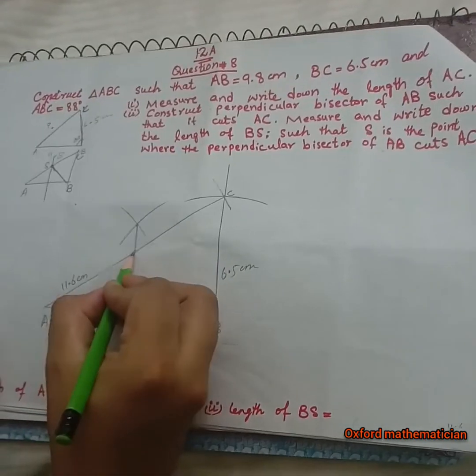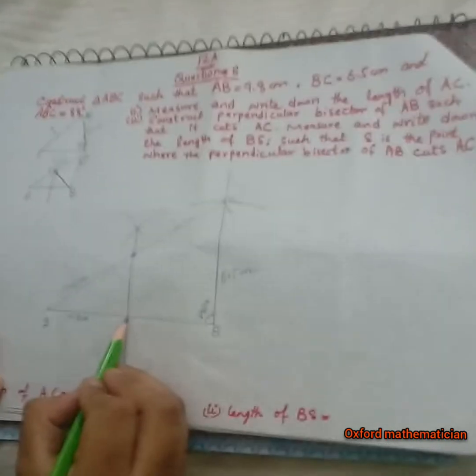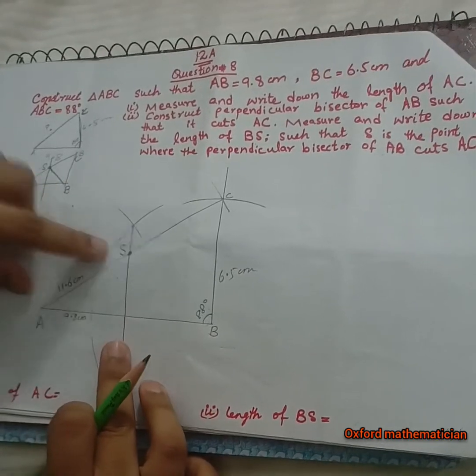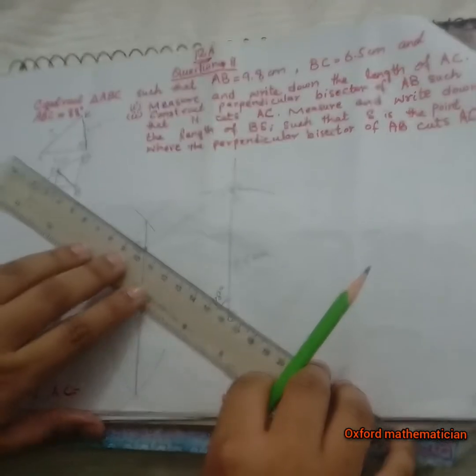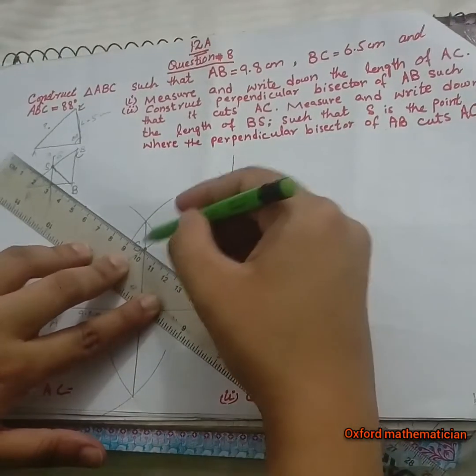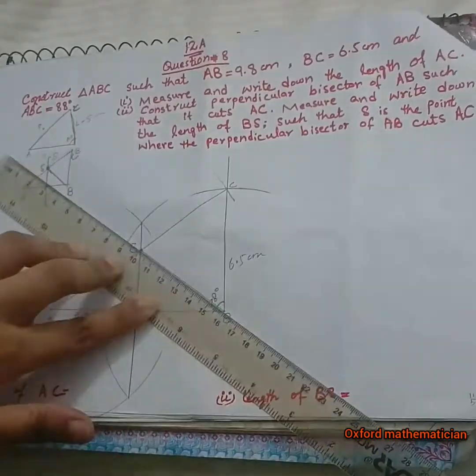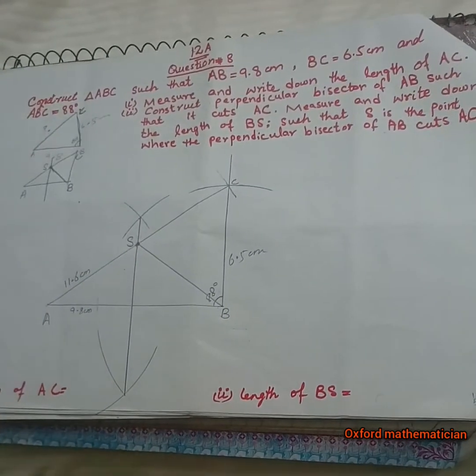Here is the point where the AC line meets the perpendicular bisector. Here is the point S. Okay, now we join the S point to the B point, B and S. Here is the line segment BS.